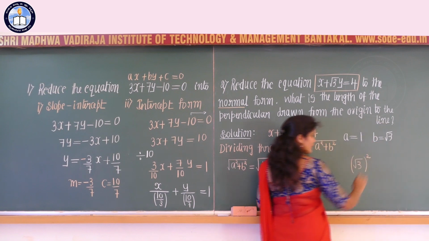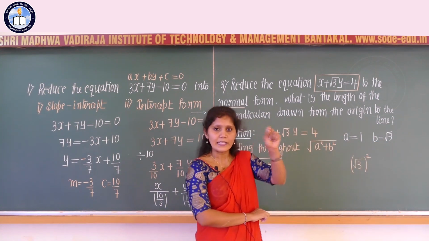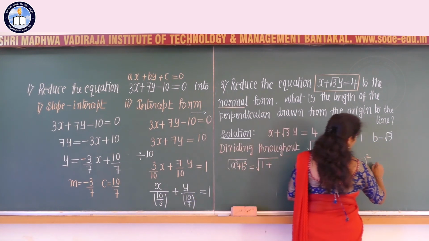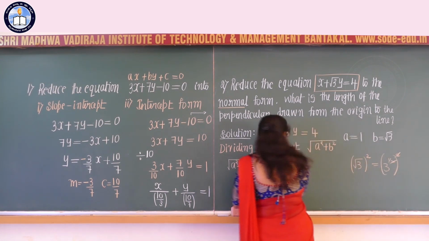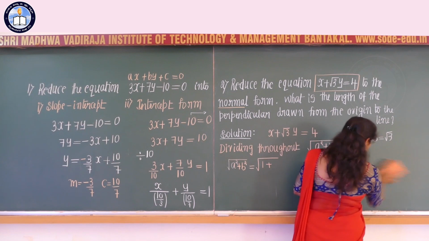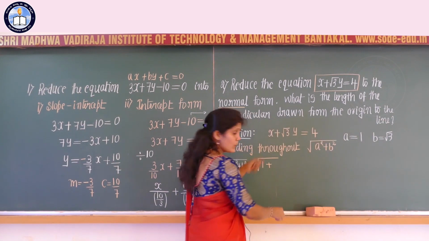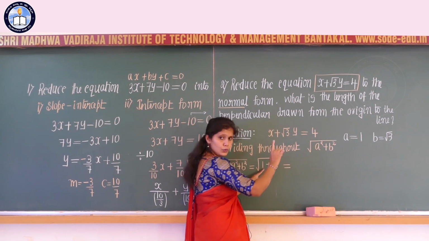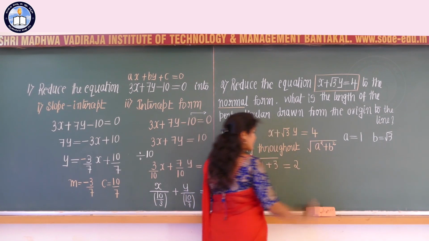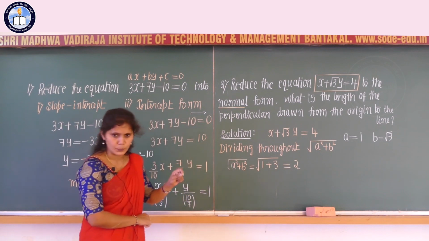Root 3 is 3 to the power 1 by 2, whole to the power 2, so these cancel and give 3. So it is root of 1 plus 3, that is root 4, and we all know that root of 4 is equal to 2.